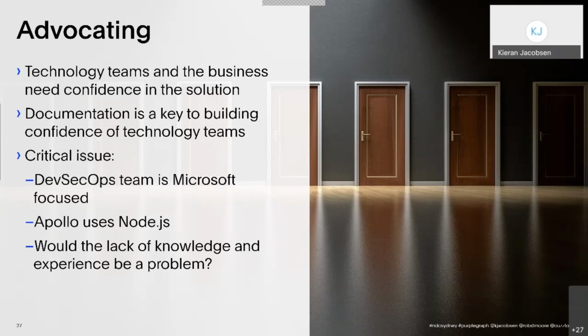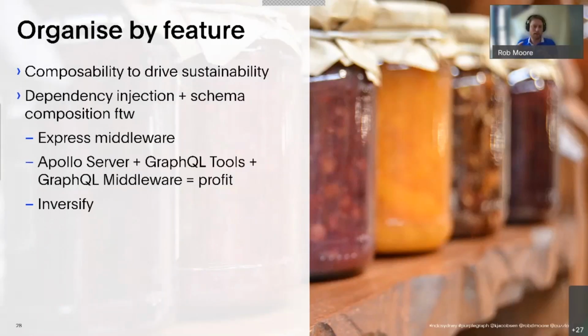So now that we had a decision to proceed with this, Sam and I sat down and started talking about the sustainability of the code. The initial implementation was quite small. There were only a couple of data sources and a few entities, but we knew we wanted this to rapidly expand. One of the things we talked about was how do we stop it turning into a big monolithic spaghetti mess?